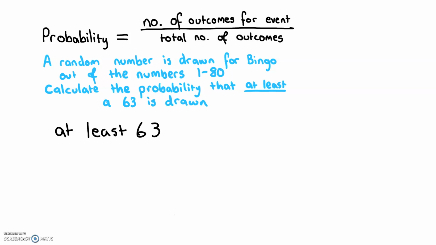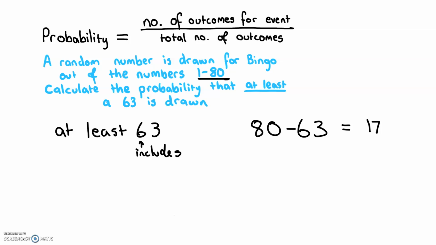Okay, and remember that at least includes that number. And we know from the problem that it goes from 1 to 80. Okay, so that means that we're going to need to go 80 take away 63 to see how many numbers are between 80 and 63. So that gives us 17.